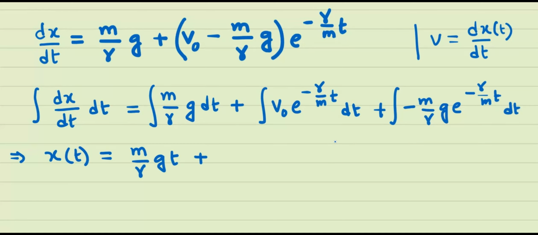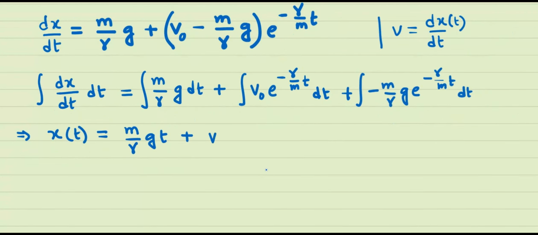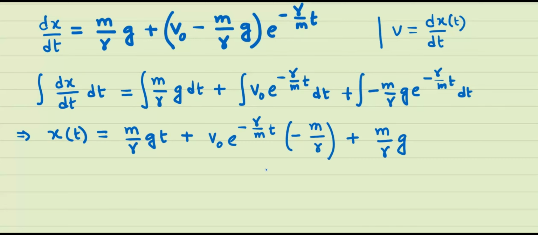Then we have v naught, and then e to the power negative gamma divided by m t, negative m divided by gamma due to this exponential factor here, and also we have positive because we have two negative signs, so m divided by gamma g, and then e to the power negative gamma divided by m times t, and then of course m divided by gamma.